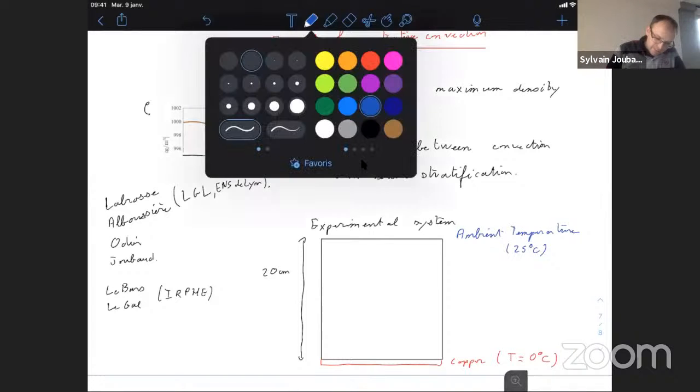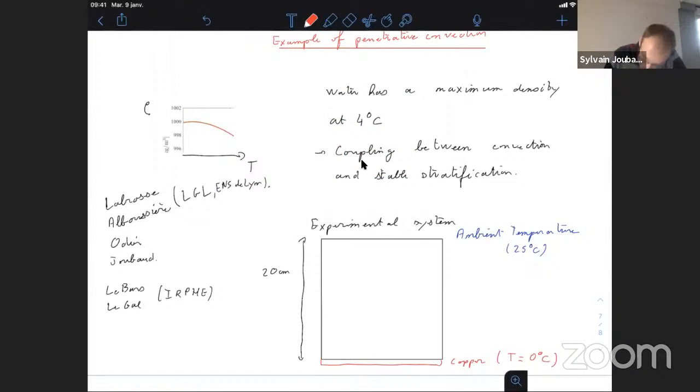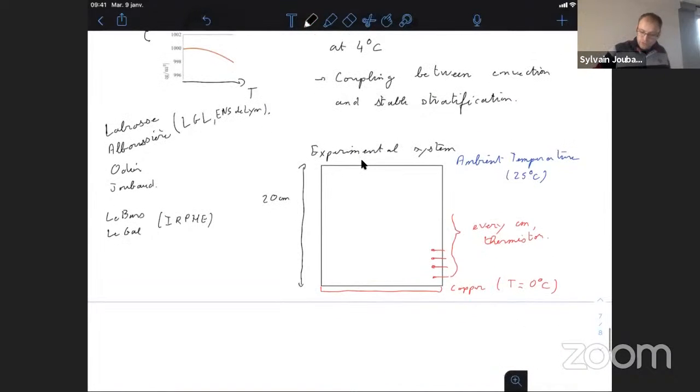And to see what happens, you have a system where every centimeter you have a thermistor. So you have a system to measure the temperature, with thermistors. When you have this, what happens?